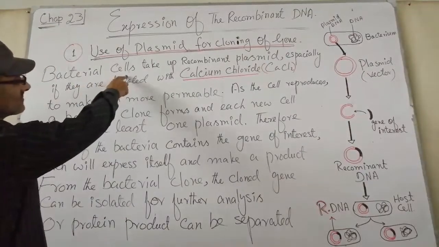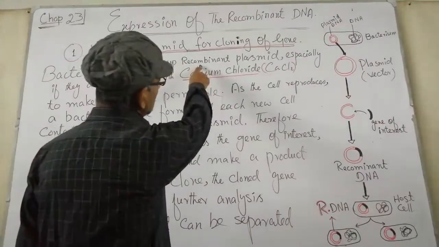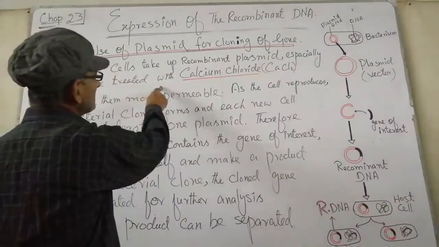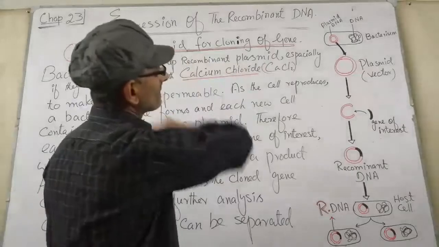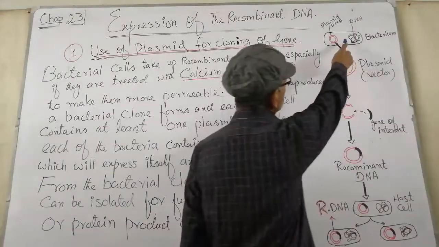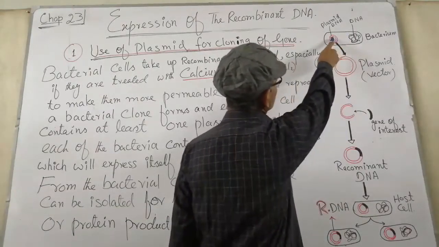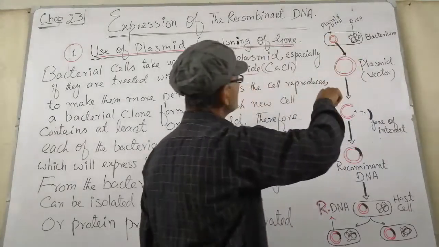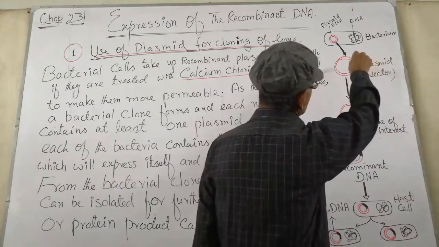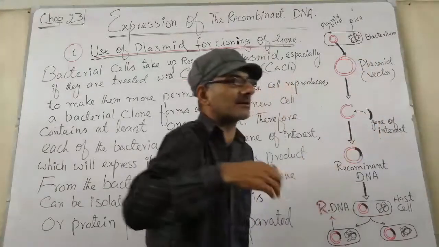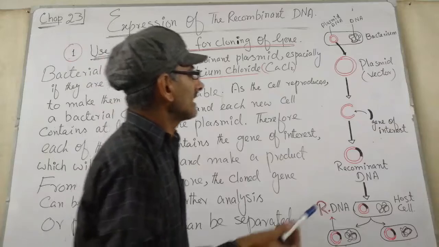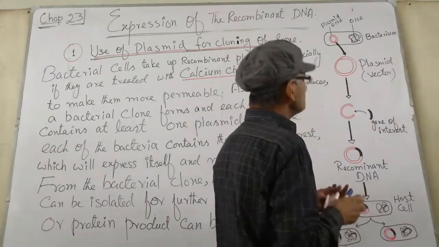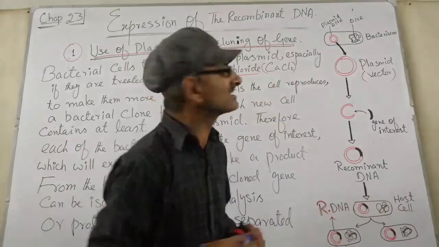Bacterial cells take up recombinant plasmid, especially if they are treated with calcium chloride. This is the bacterium from which we isolate the plasmid DNA. And when we isolate the plasmid DNA, this plasmid DNA acts as a cloning vector. And then we cut this plasmid with the help of restriction enzyme.